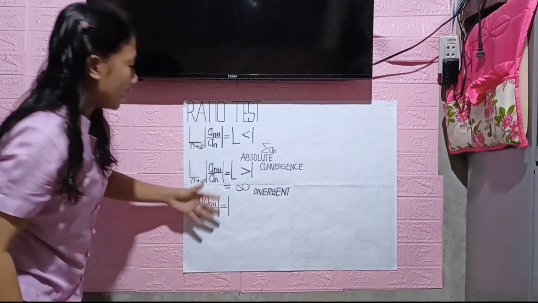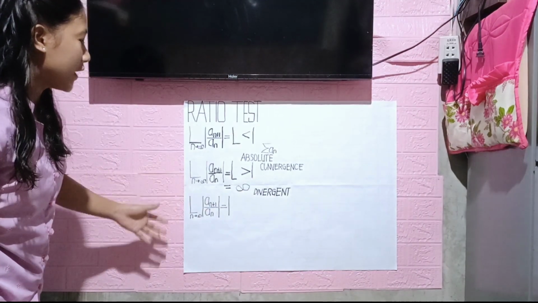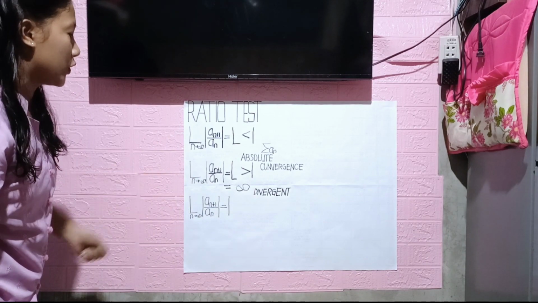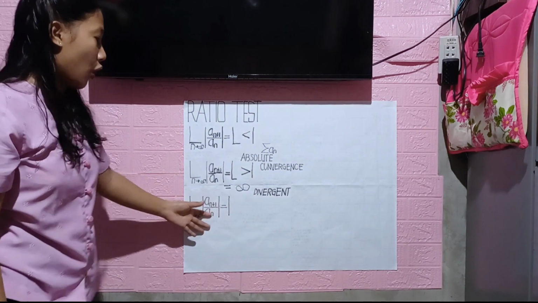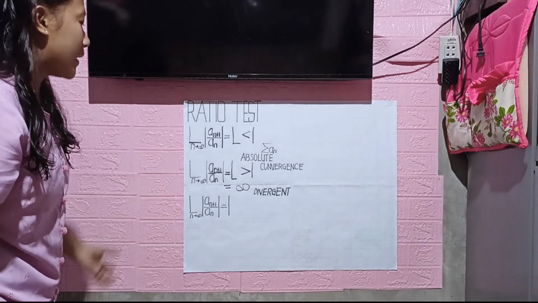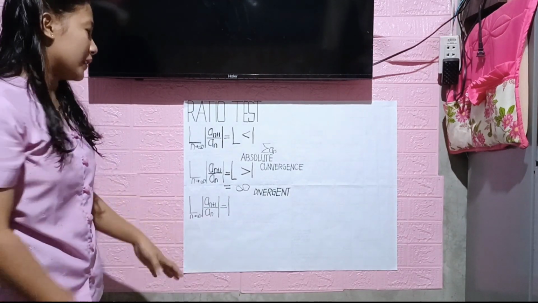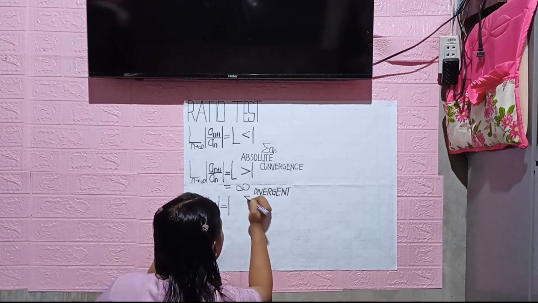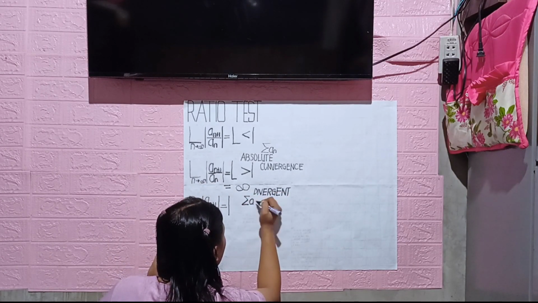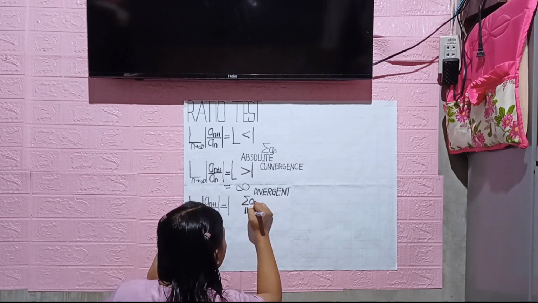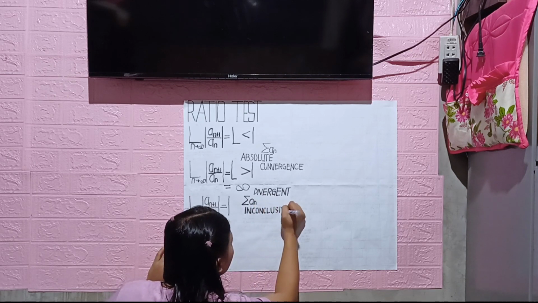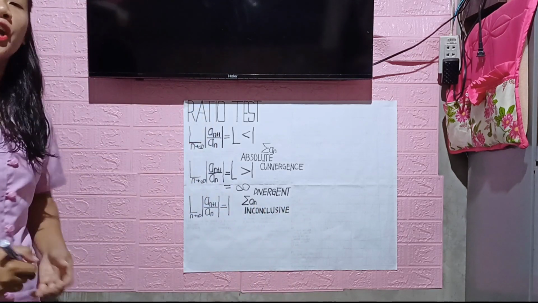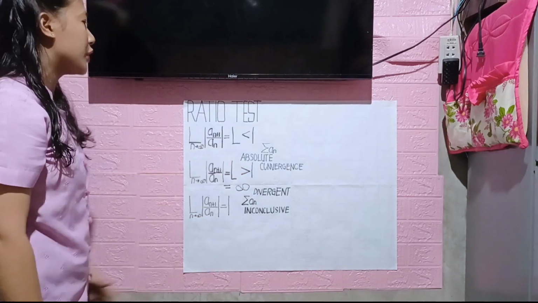If it is equal to 1, then the test is inconclusive. It has no conclusion, which means it needs a further test. So these are the three basic ideas of our ratio test.